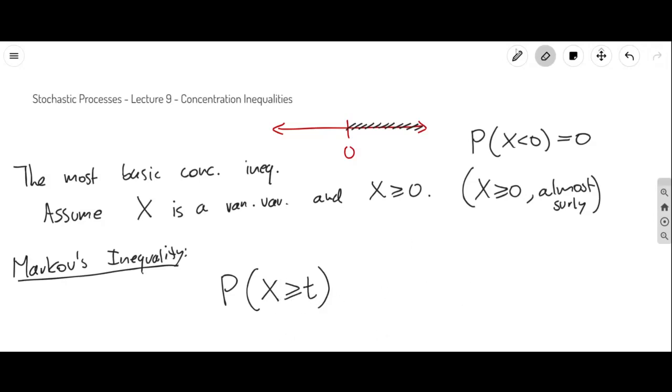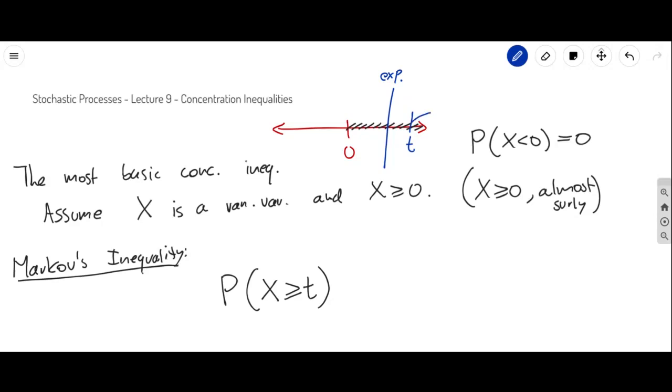Then this inequality is going to be trivial, as you will see. But if the expectation is some finite number, let's say right over here, this is the expectation, then we expect the random variable to be somewhere around that number. And we're saying, well, what if we introduce an arbitrary cutoff point t? Let's say, for the sake of a picture, that t is on the right side of the expectation.